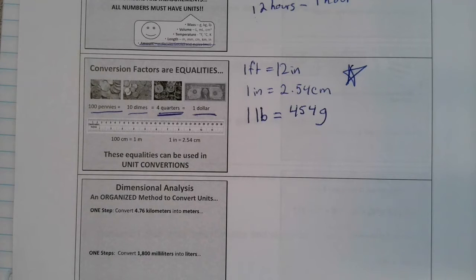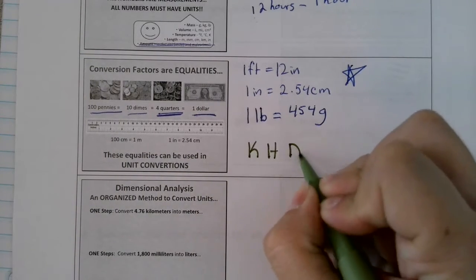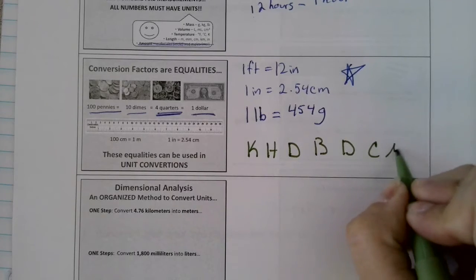So we'll go ahead and compare real quick. We'll start with the metric system. I tend to remember the metric system using the phrase, King Henry died by drinking chocolate milk.